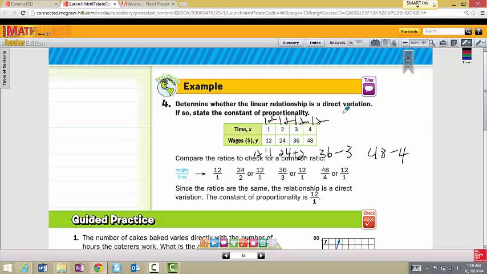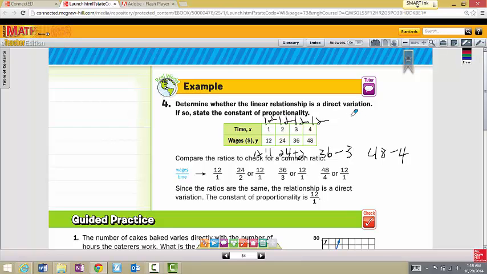Well, that's a proportional relationship. Proportional relationships are linear relationships. The ratios are the same, so you can say that it is a linear relationship.